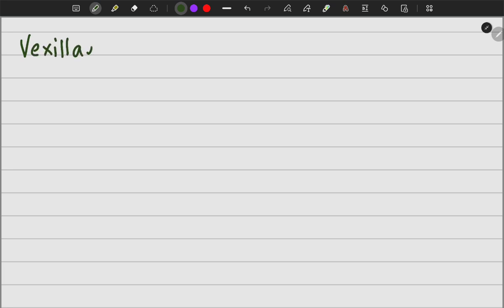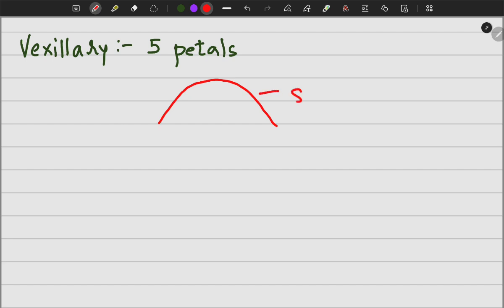So vexillary aestivation is usually seen in flowers having 5 petals. Among these 5 petals, there is one large petal at the top, which is called standard or vexillum.